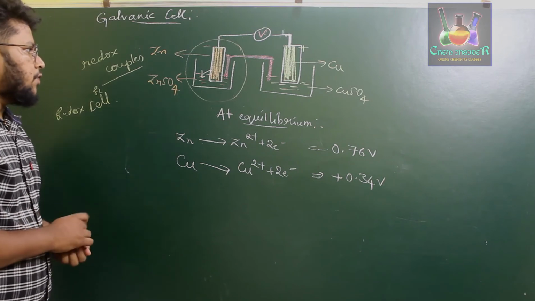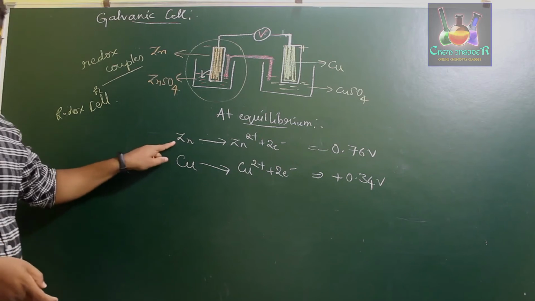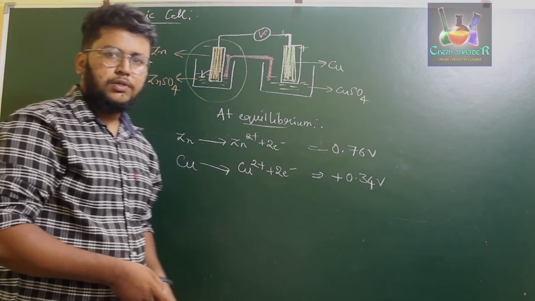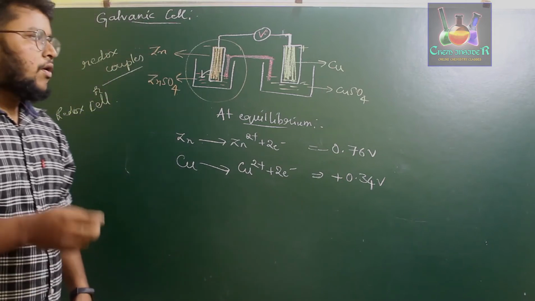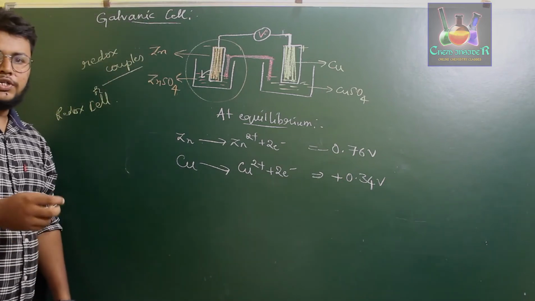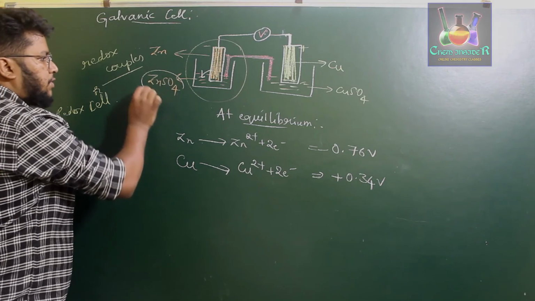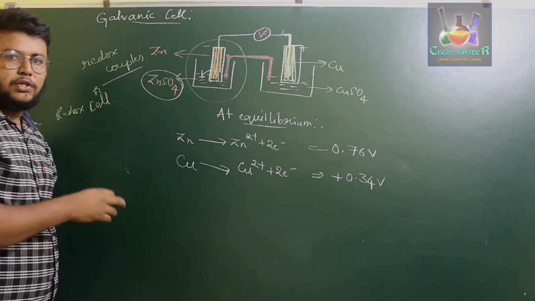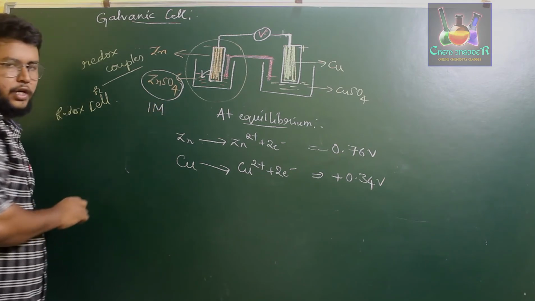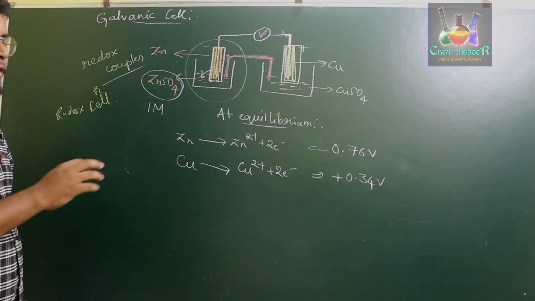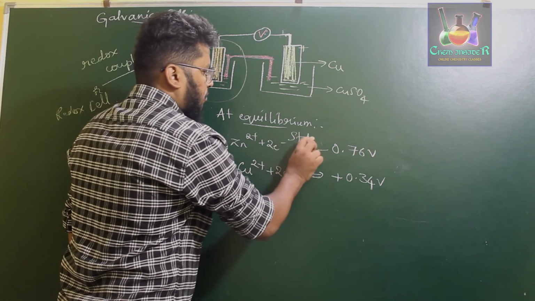Now, for the zinc sulfate solution, its reduction potential is 0.76 volts, and for copper it is 0.34 volts. When you consider the reduction potential of a given electrode, and the zinc sulfate solution or the copper sulfate solution is of unity, that is 1 molar concentration, then that particular electrode potential is called the standard reduction potential.